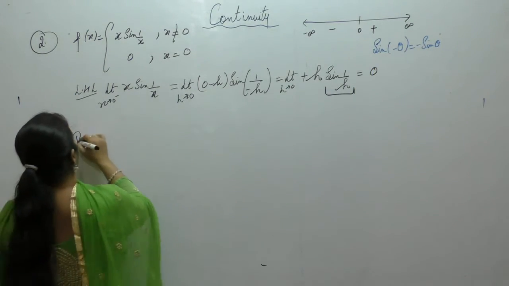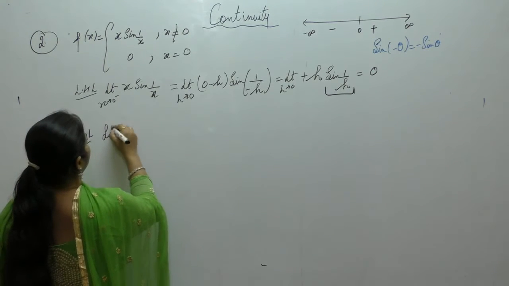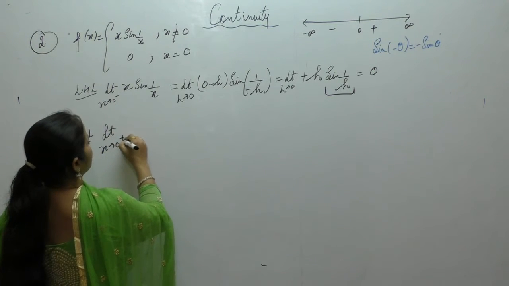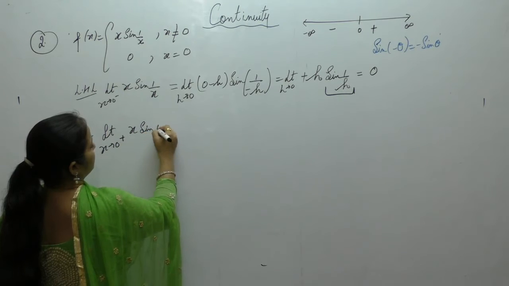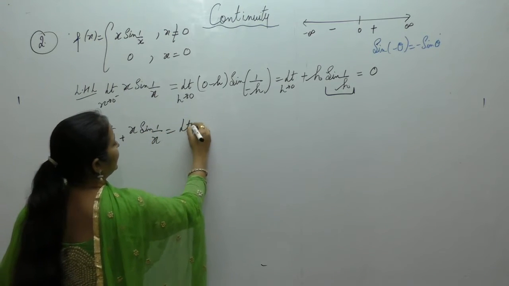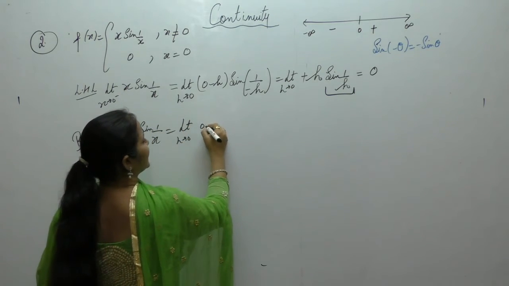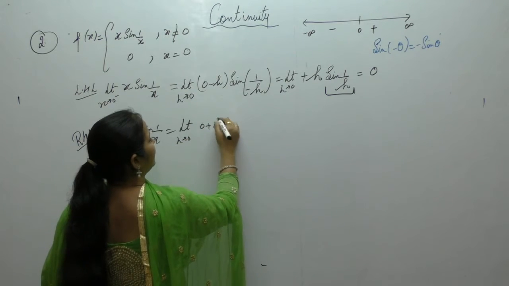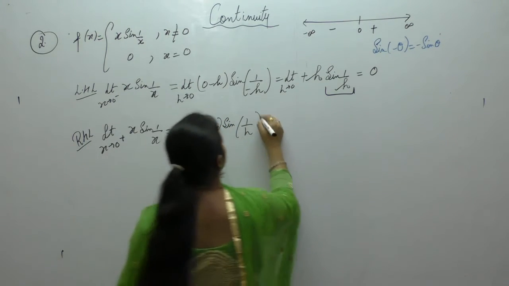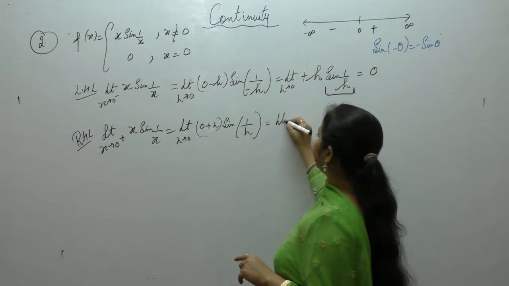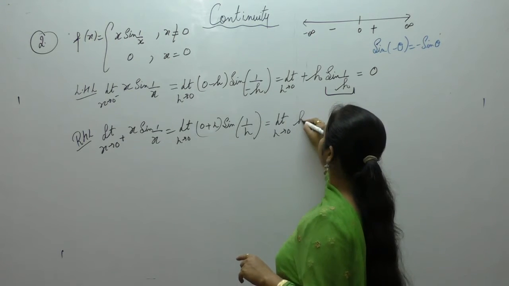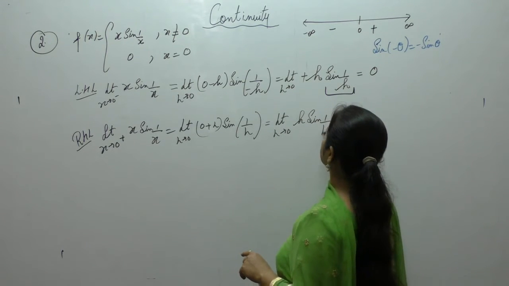Now right hand limit. Limit x tends to 0 positive. Limit h tends to 0, 0 plus h, sine 1 upon h. So we will write it as limit h tends to 0, h sine 1 by h.